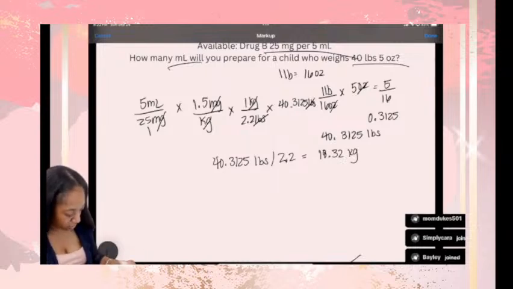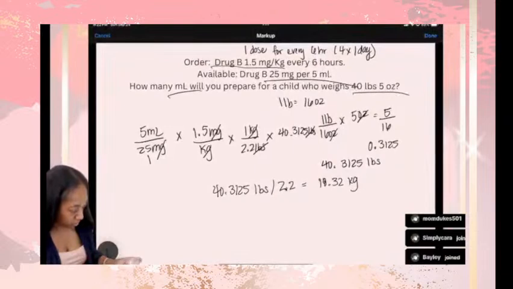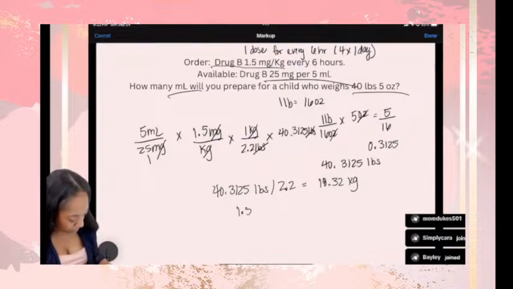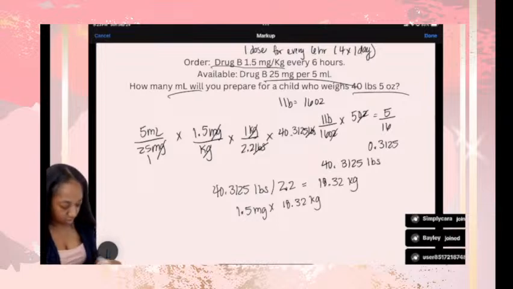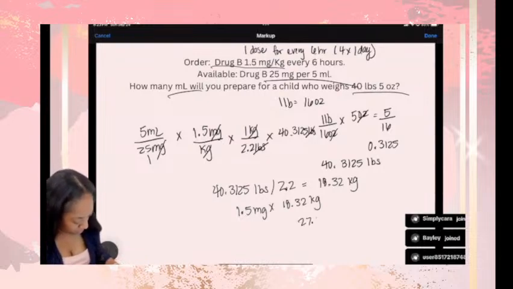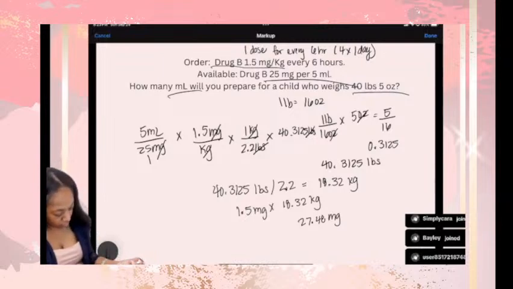So now you can use your order and figure out how many milligrams you need. So 1.5 milligrams times 18.32 kgs. 18.32 times 1.5. It's going to be 27.48 milligrams. Now you can use your ratio and proportion.